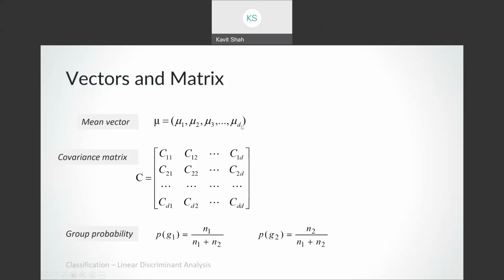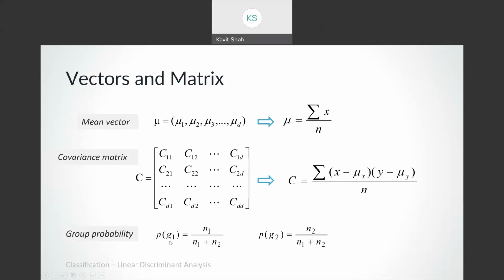So mu1, mu2, etc. are the mu's for the particular dimension. Then we have the covariance matrix, which would be computed for a particular class given by summation of x minus mu x, y minus mu y divided by n, where mu x and mu y are the mean values for that particular class.